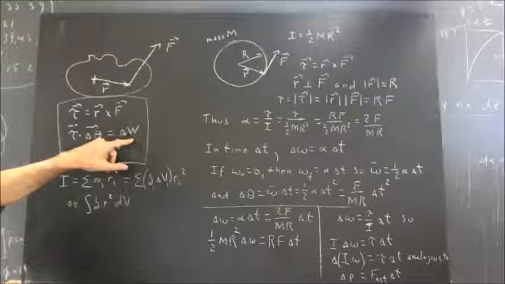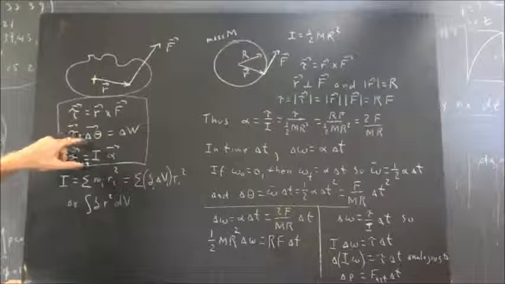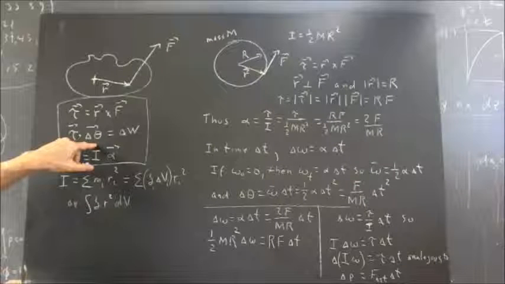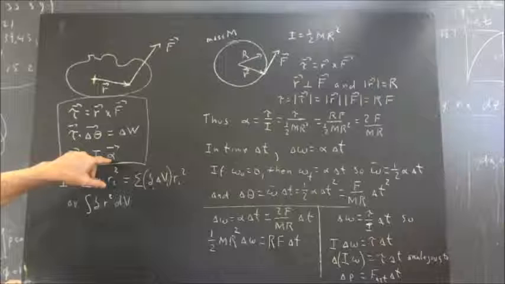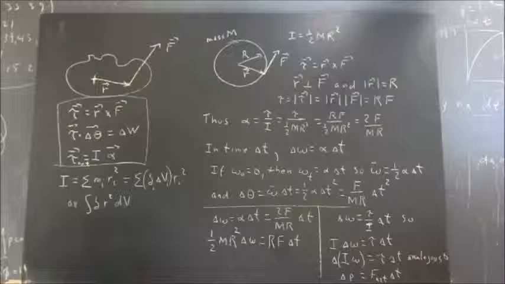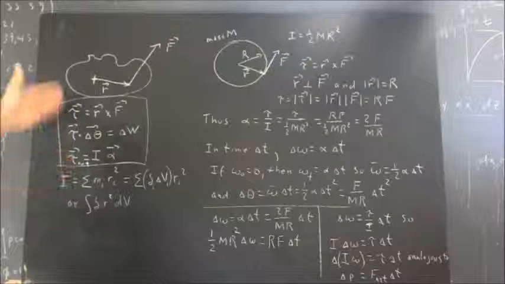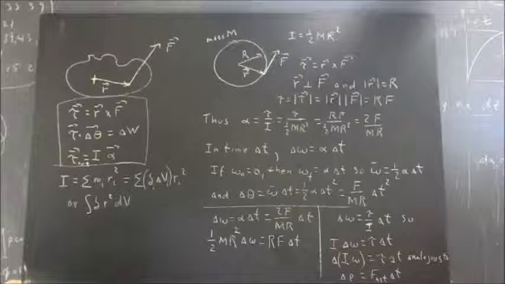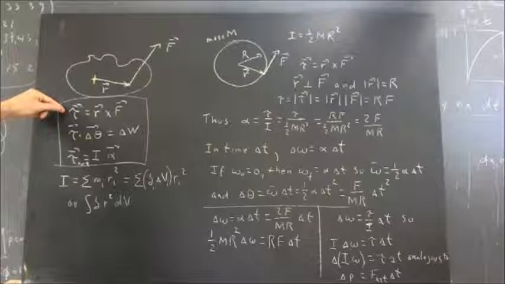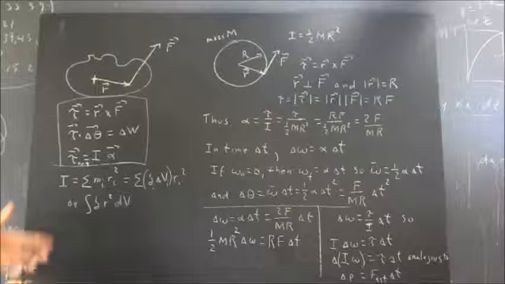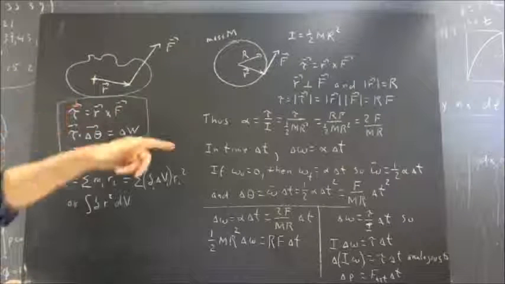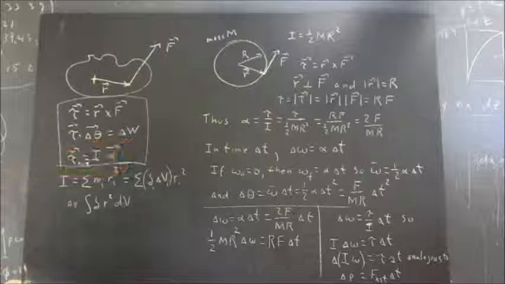The work done is just your torque dotted with your delta theta vector. And the net torque is your moment of inertia times your angular acceleration vector. So these are all completely analogous. Torque is analogous to force. Torque times angular displacement is analogous then to force times linear displacement, and gives you work.